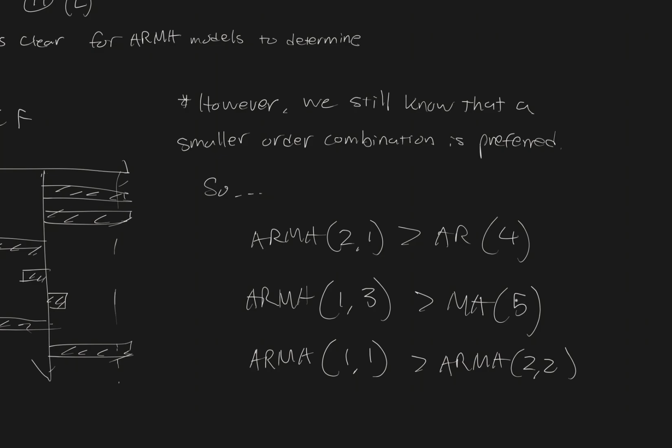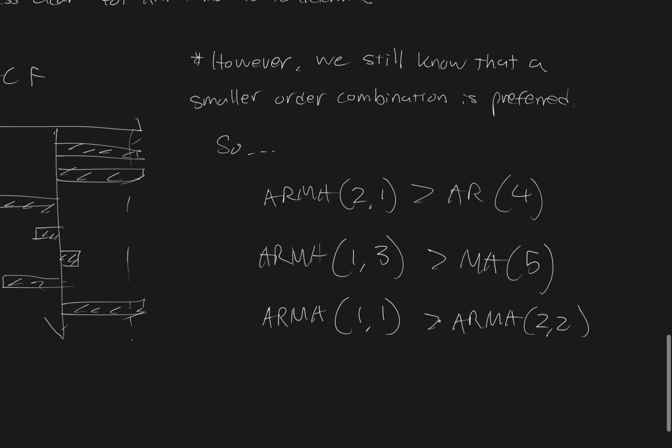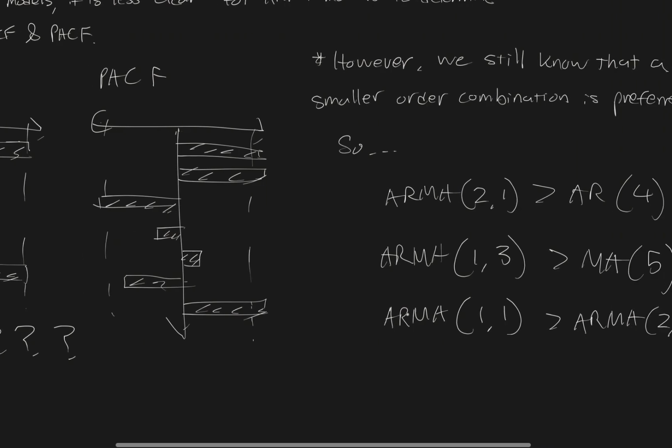If it was an MA2, then we would prefer an MA2 over an ARMA 1,3. Comparing even the same models, we'll prefer 1 lag order of the AR and MA over 2 lags of an AR and MA. All right, I think that makes a lot of sense.